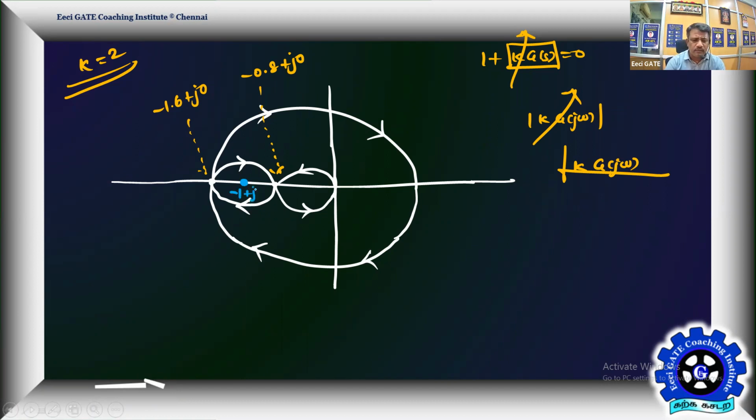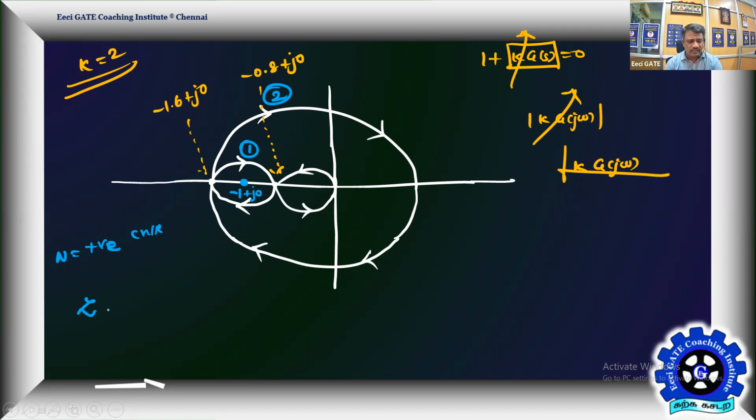So -1 plus j0. Yes, now you can see how many encirclements. This is number 1 and this is number 2. So the critical point -1 plus j0 is encircled twice in the clockwise direction. That's why I already said N is positive for clockwise rotation.